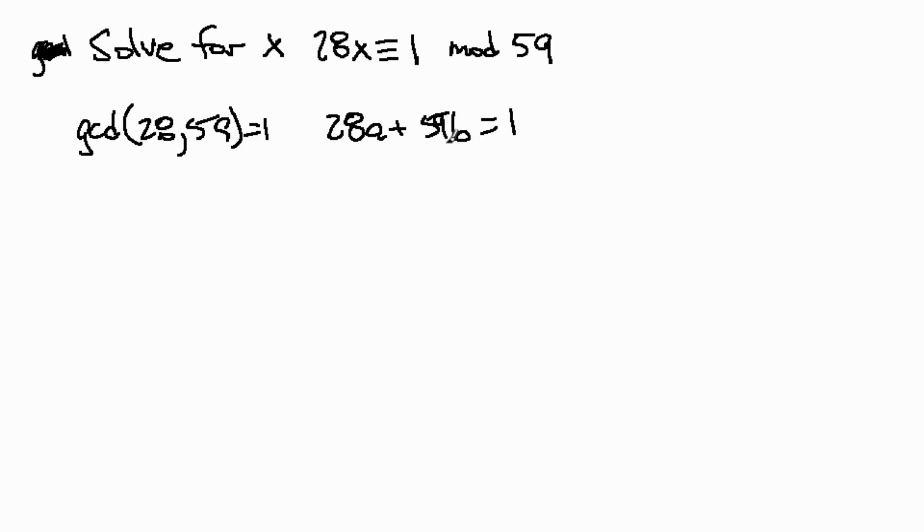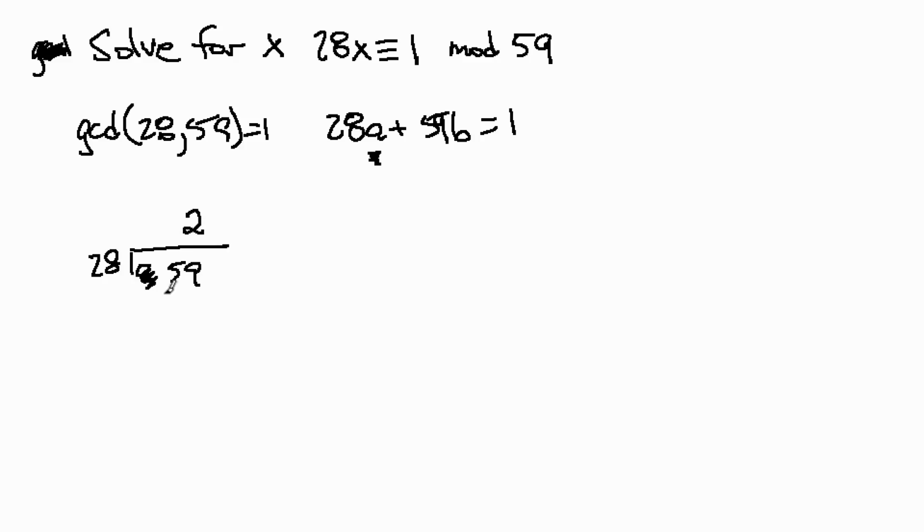And I know that x would correspond to whatever this a is. So I just need to find it. I'm going to go, this may be a little bit easier than I realized. 28 goes into 59. Well, if I go, no, this will be a little bit of work.